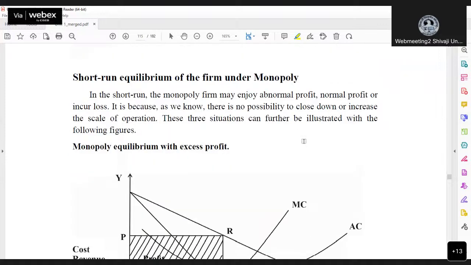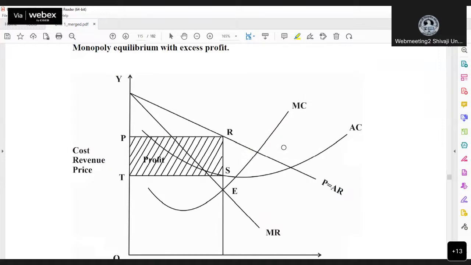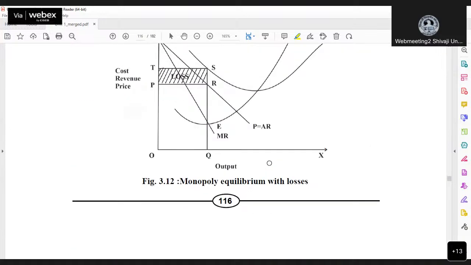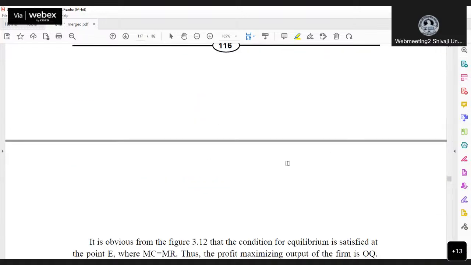Again, here is monopoly equilibrium. The same conditions we have seen previously in market structures, equilibrium for long run and short run, the same conditions apply for monopoly equilibrium with excess profit, monopoly equilibrium with normal profit, and the same here with losses.